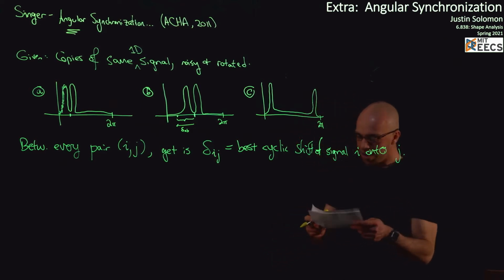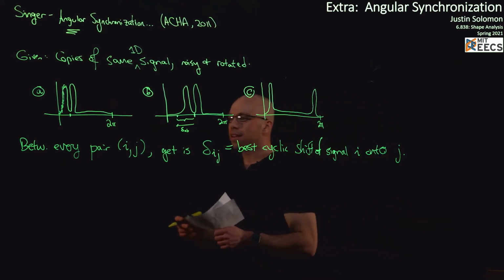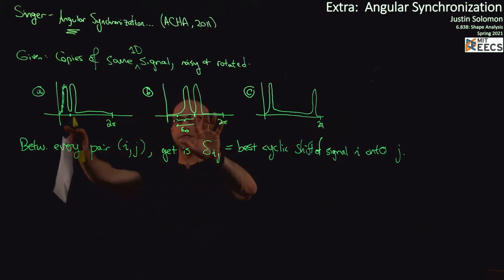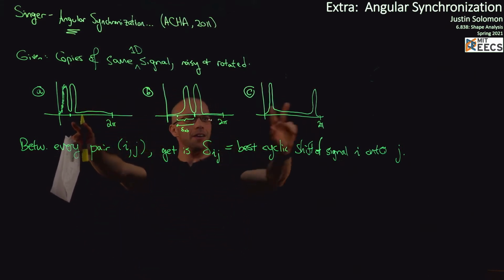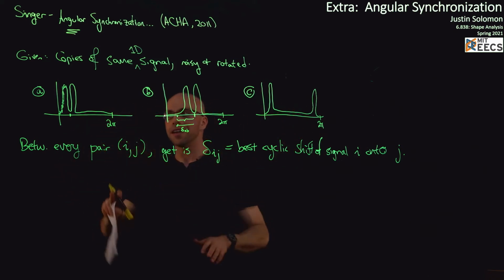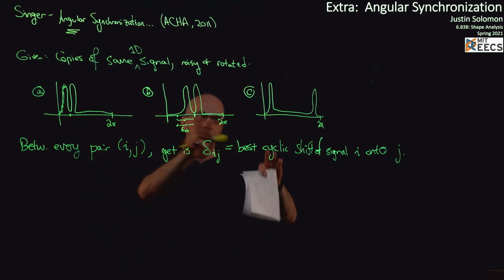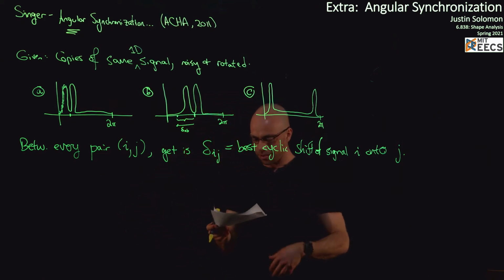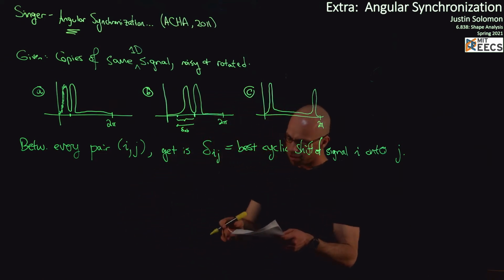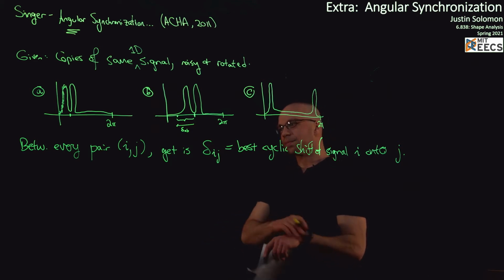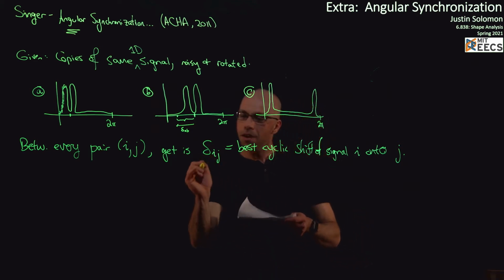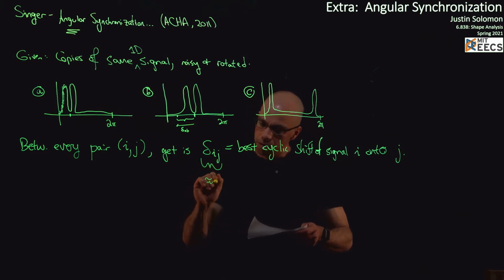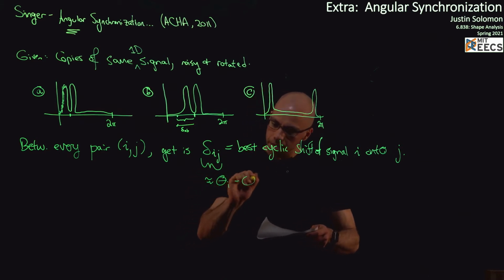Okay? So in other words, here's the problem: I know how to shift signal B onto signal A. I know how to shift signal C onto signal A. I can also shift signal B onto signal C, but there's no reason why these things are all consistent with one another. So at the end of the day, I want the delta ij to be roughly equal to theta I minus theta j.